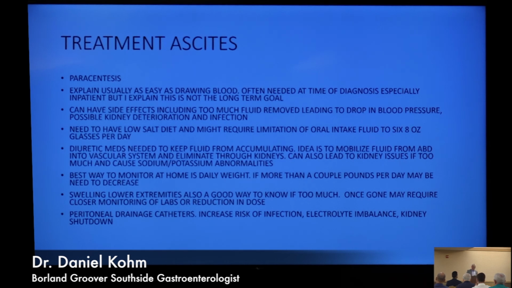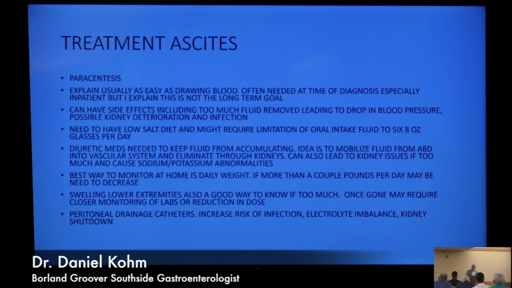In addition to which, you can have infection, probably not so much with everyday paracentesis, but down at the bottom I talk about drainage catheters. And the treatment for the patient is a low-salt diet. It doesn't make any sense to be taking these diuretics and eating a bag of potato chips a day, because water follows salt. So you have to explain that to them, and sometimes you have to limit the fluid intake.